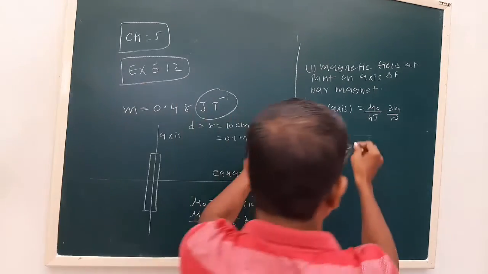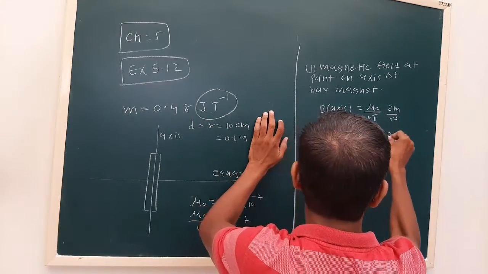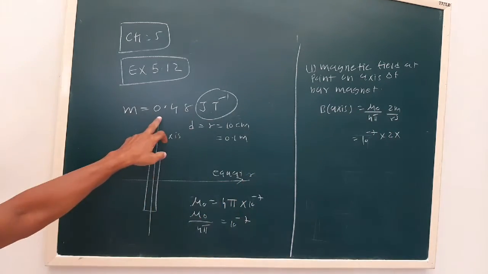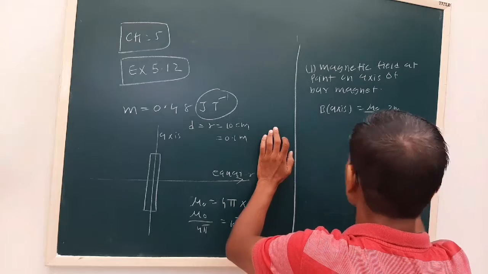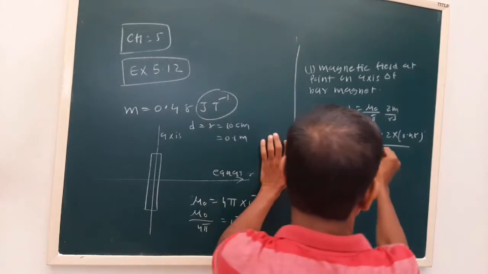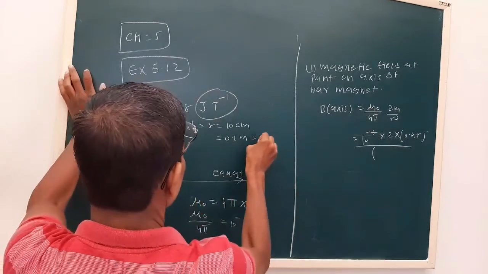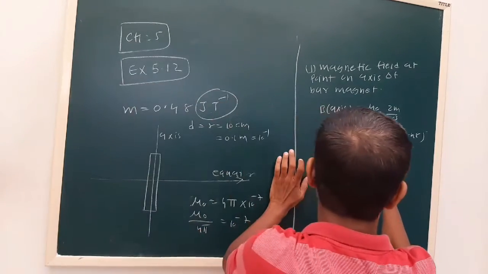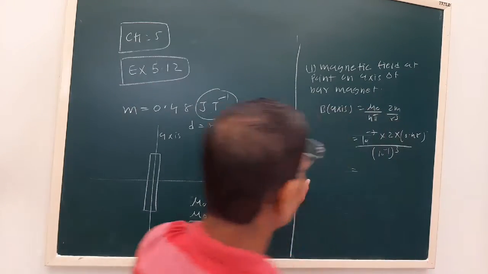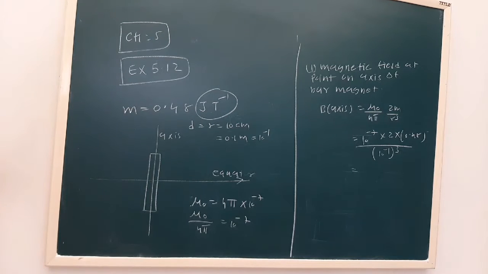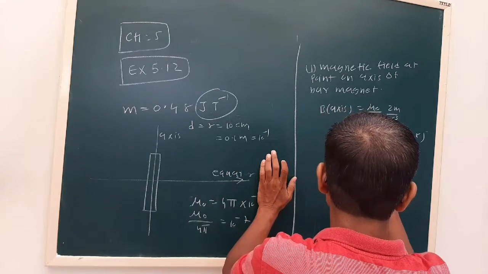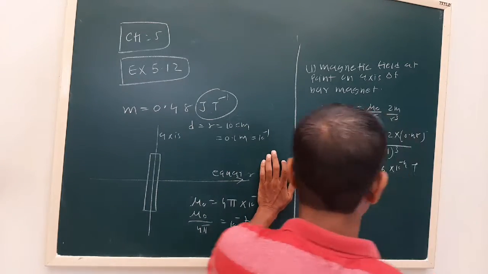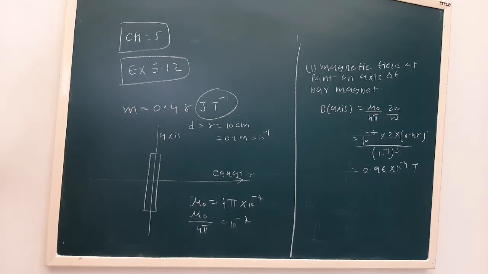Now the magnetic moment is 0.48, and the distance is 0.1. If you solve this, you will get 0.96 Gauss.